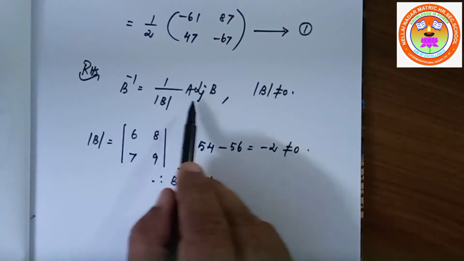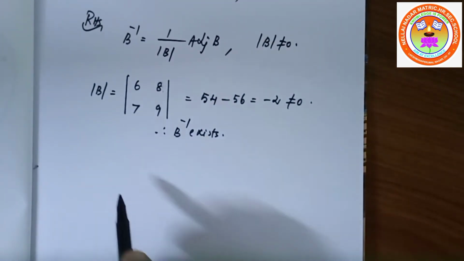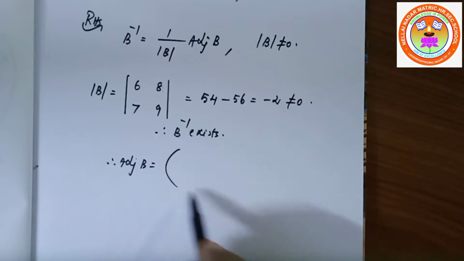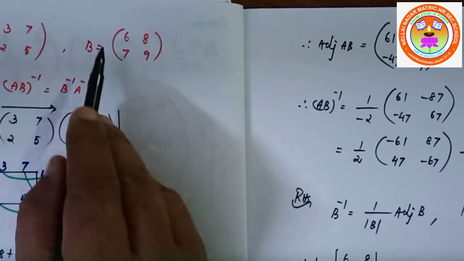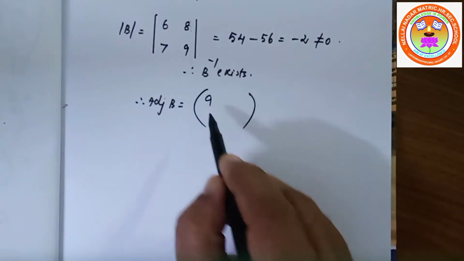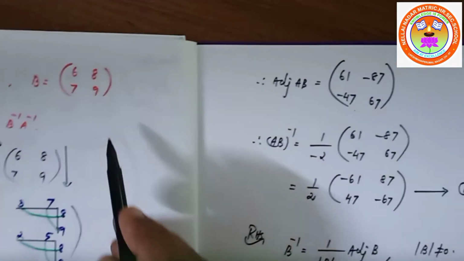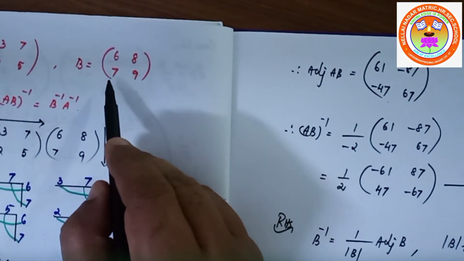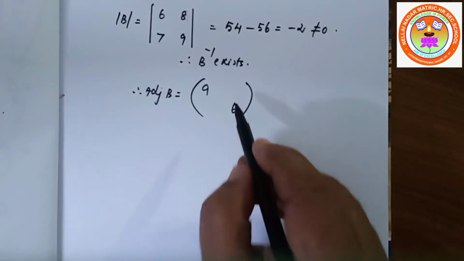Then you can find adjoint of B. For the B matrix, interchange the leading diagonal elements: 6 and 9 become 9 and 6. Then for the non-leading diagonal elements, change the sign only: plus 8 and plus 7 become minus 8 and minus 7.